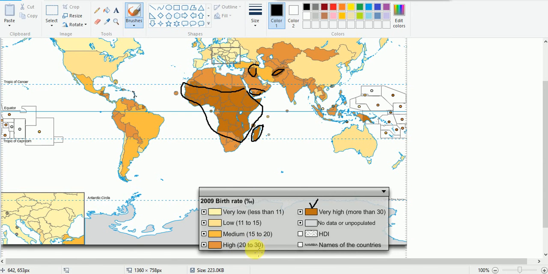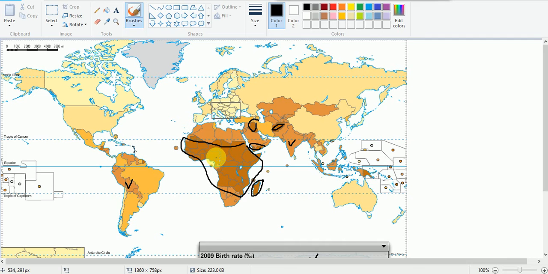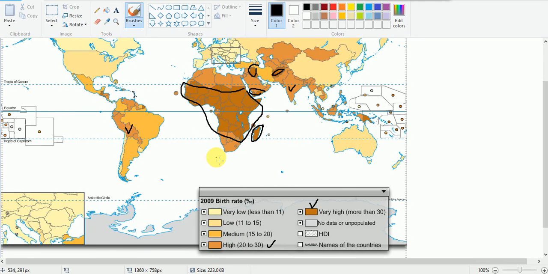And next, see the color code here, this is the high one. High birth rate, 20 to 30 persons per 1000. I think India is coming under this category, then some South American countries. Then medium, and then next we have the lowest one.